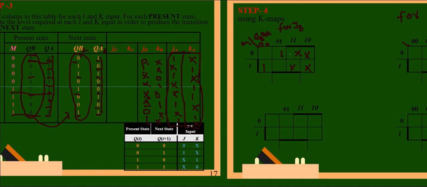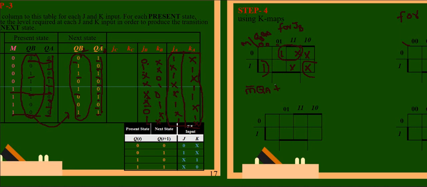Now if you do the grouping, we can group this 1 together, and do one more grouping, this one. In the first condition it is M bar, and here 0 1 cancels out, so QB cancels out and it is QA.